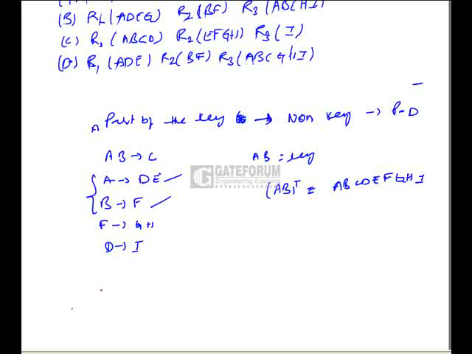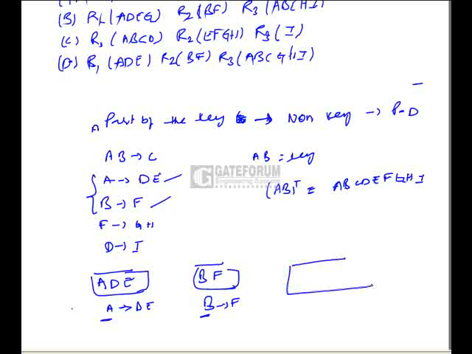So we will keep ADE in one table, and BF in another table. For this table, the functional dependency would be A gives DE, and the key is A. For this table, B gives F is the FD and B is the key.